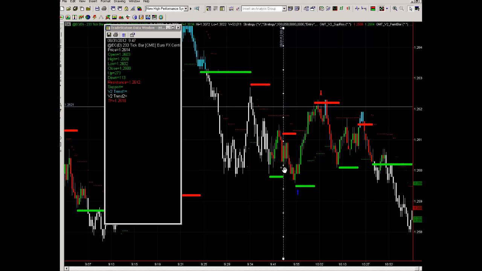Whatever that candle closes at, that's your first sell entry. Then when you get the buy setup, as soon as that dot prints, you get your buy setup. So all it's doing is automatically buying and selling support and resistance. That's basically how it's getting into the trades. It's not hitting the support or resistance.